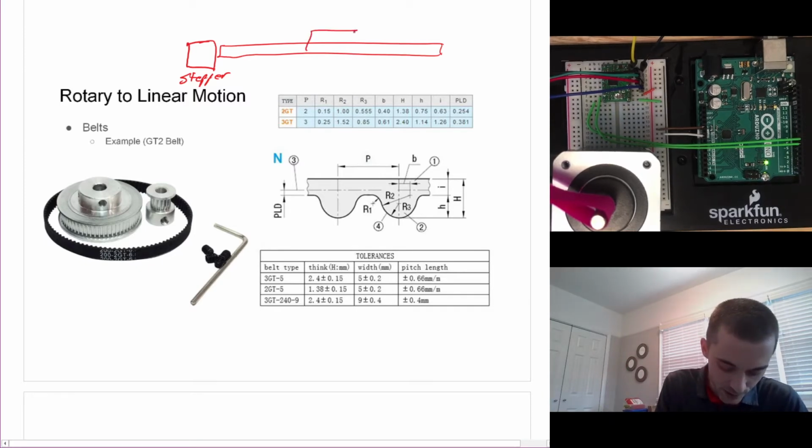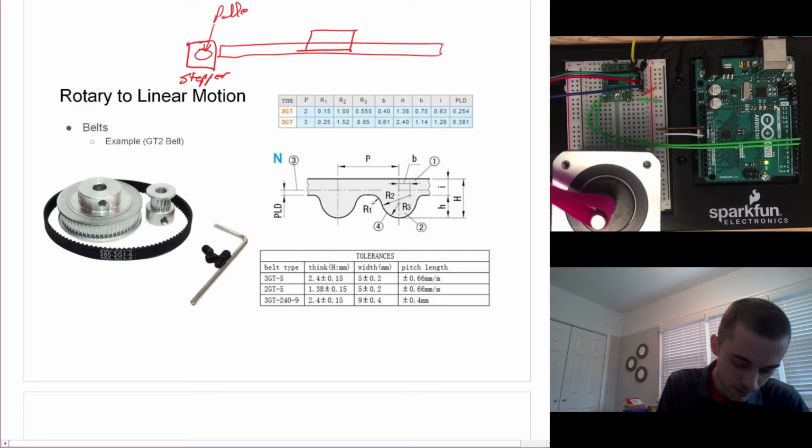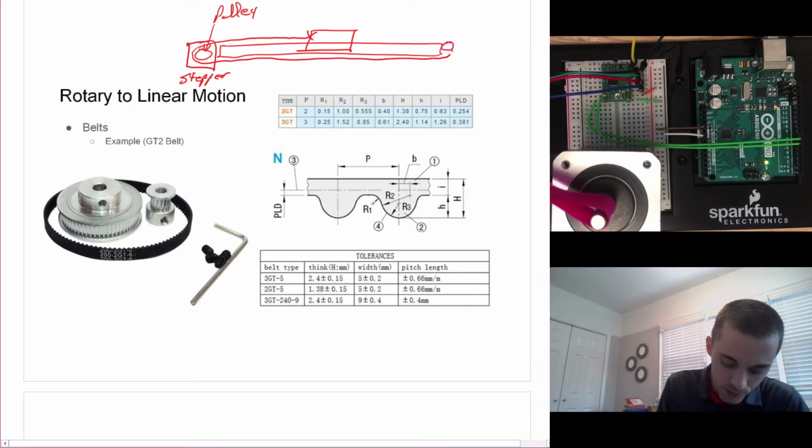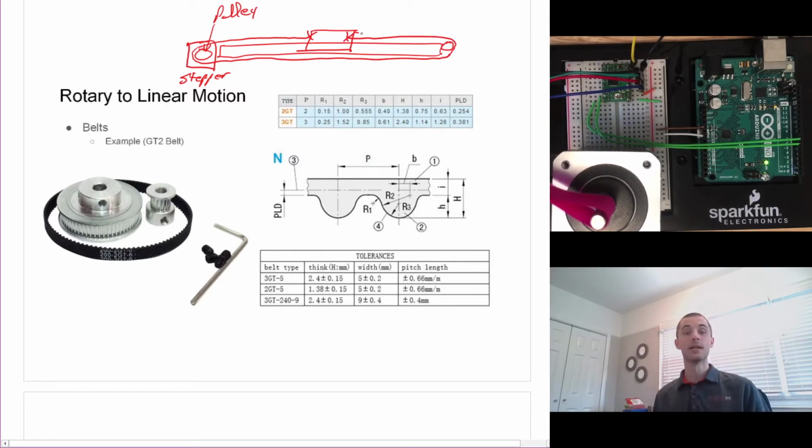You've got a carriage, and there's a pulley on here. And this has a belt that connects to this, has a belt that loops around to the other side, and there's usually a pulley here, and then loops up and connects to the other side. And so as this stepper motor rotates back and forth, we can actually control the linear motion of the carriage.